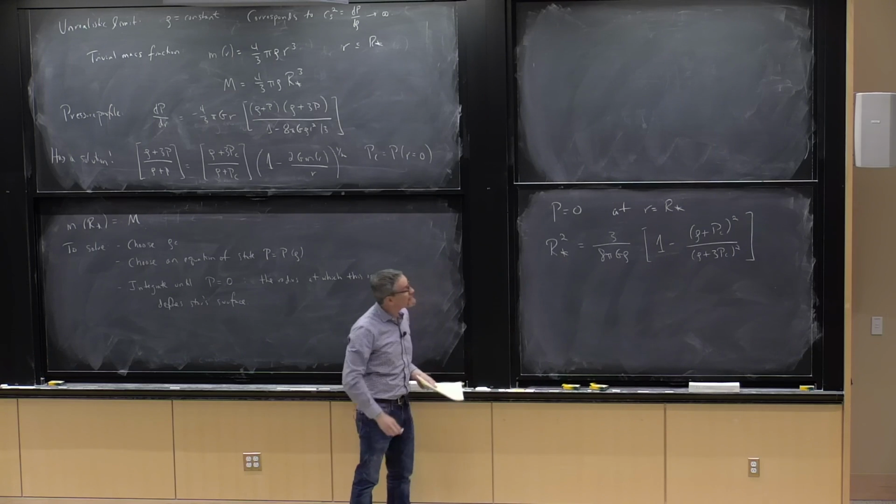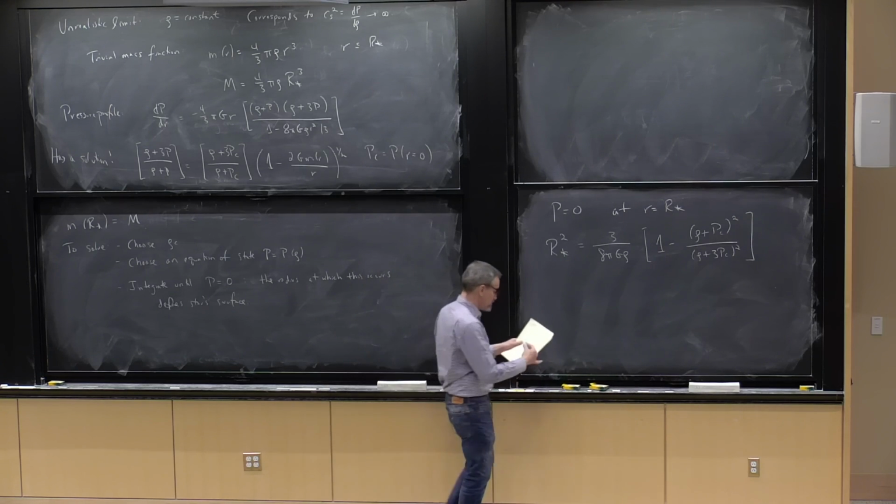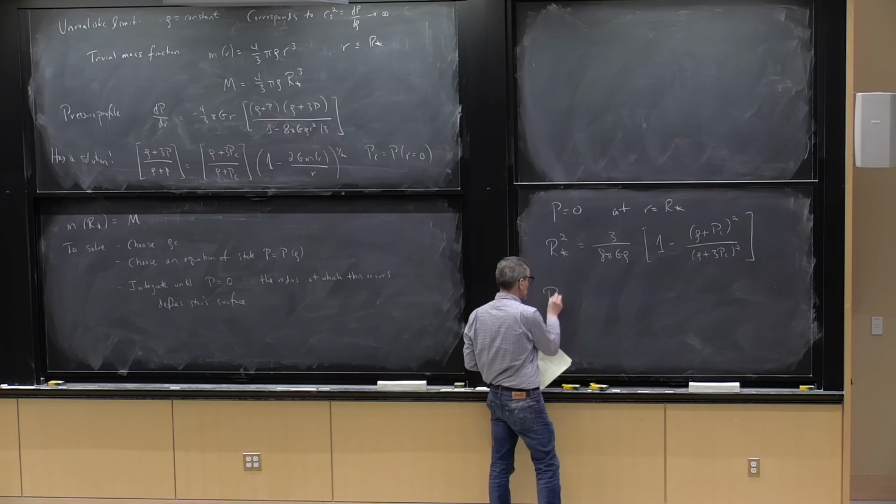If you prefer, you can write this as an equation for the central pressure in terms of the radius of the star.